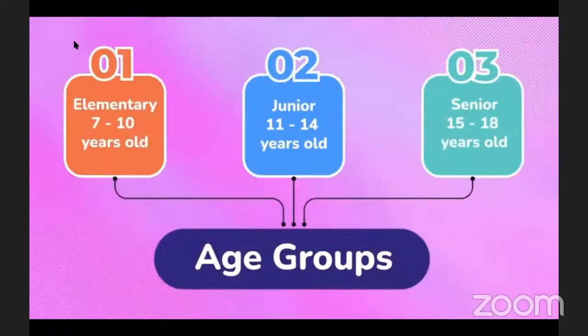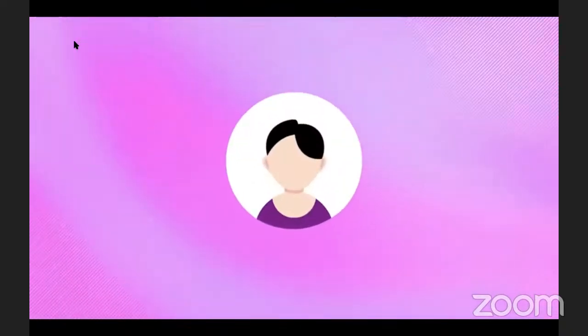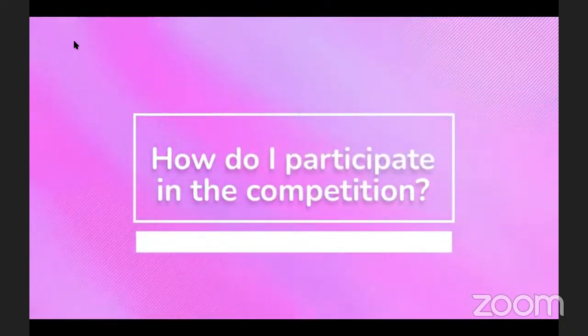Anyone above 7 years old and falling under 3 age groups can participate. Yes, you can either participate as a one-person army or in a team of 2 with your coding buddy. Follow these 3 easy steps to participate.